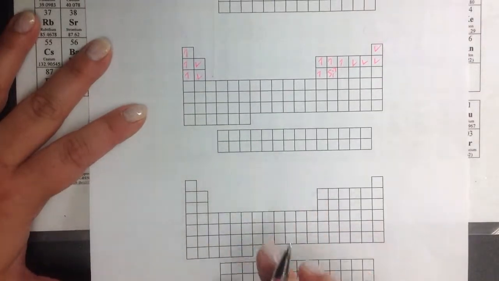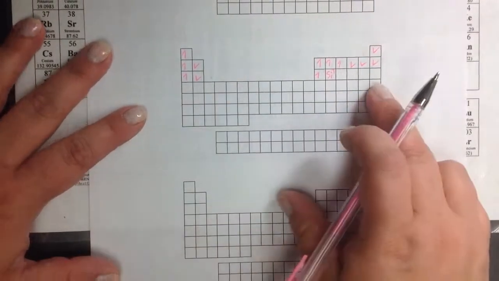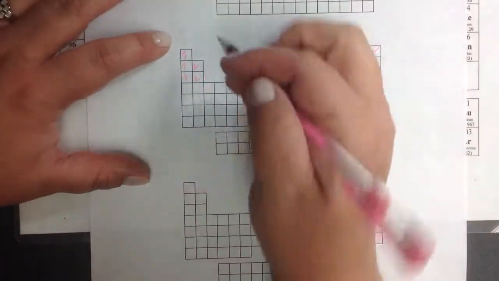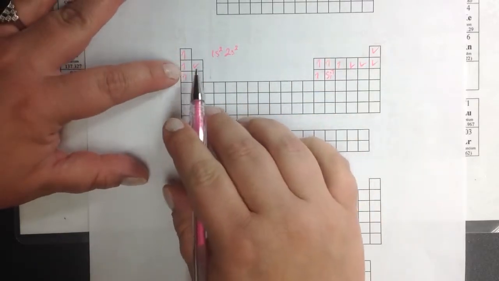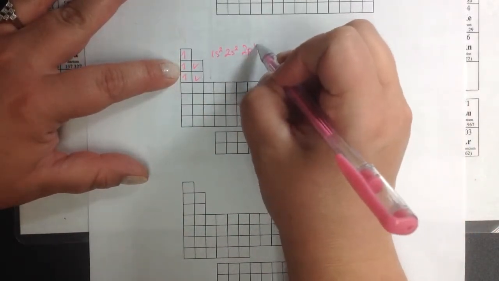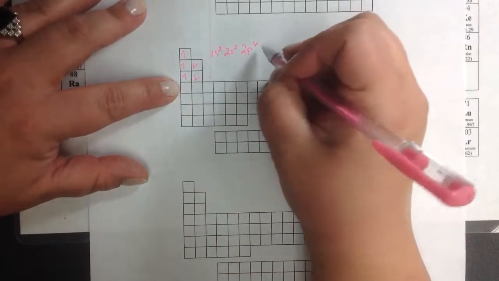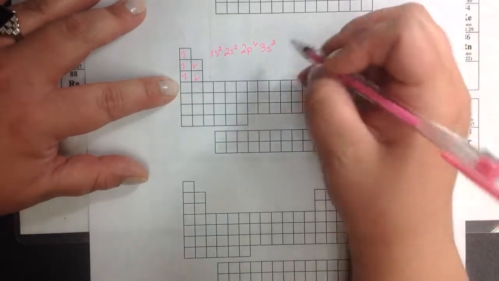Okay. So I'm going to skip straight to the 1s2, 2s2 version, okay? So we have 1s2, 2s2, that's where this comes from, 2p6, 3s2, and 3p2.